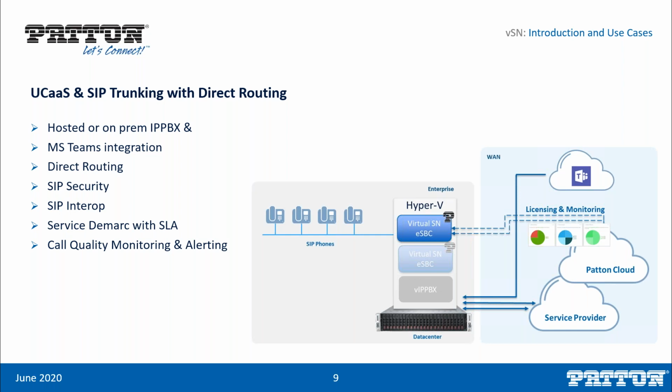And here we have a great solution with the virtual smart node, reporting call statistics, call quality metrics into the Patton Cloud, from where you can really get a nice overview, nice summary, and based on that you can generate reports then for your clients about the call quality of certain clients, or on a whole enterprise covering multiple virtual smart node instances. So a lot is possible there. And yeah, even more, and you're going to see it later, what we have there in addition.